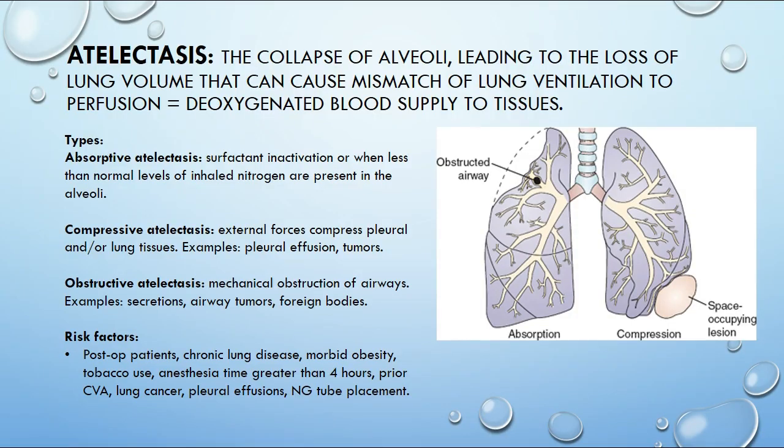Atelectasis is a collapse of the alveoli. You really don't need to know a whole lot about this, but just know what it is, and if there is a collapse, that it can lead to a mismatch of lung ventilation to perfusion, which leads to deoxygenated blood supply to the tissues.